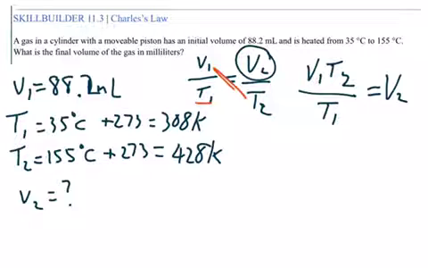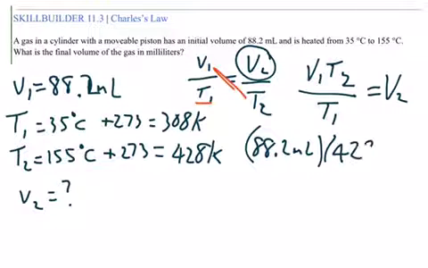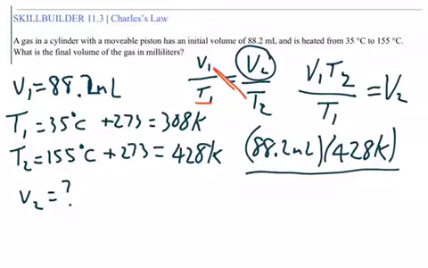So at this point, we can simply plug in the numbers, okay? So our initial volume is 88.2 milliliters. Our final temperature, and that's why it's important to label all your givens, is 428. And then we're going to divide that by 308 Kelvin. Now that's going to give us the volume.